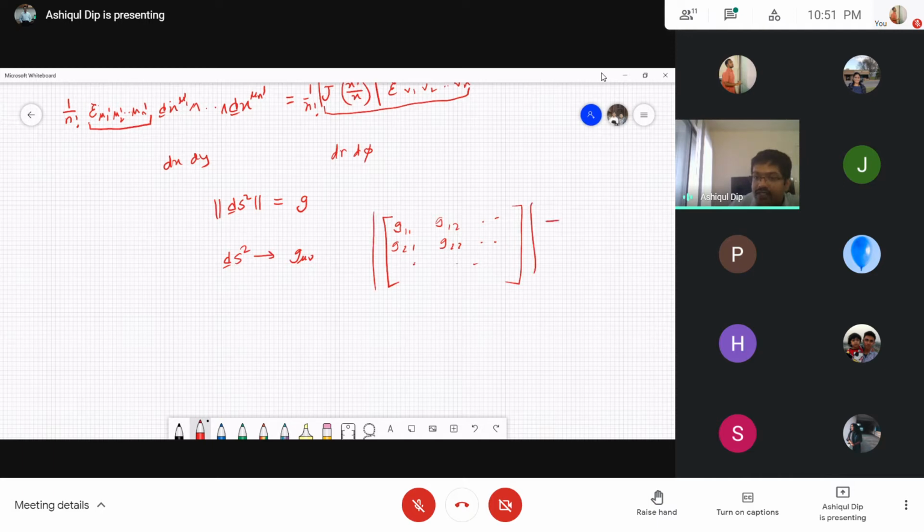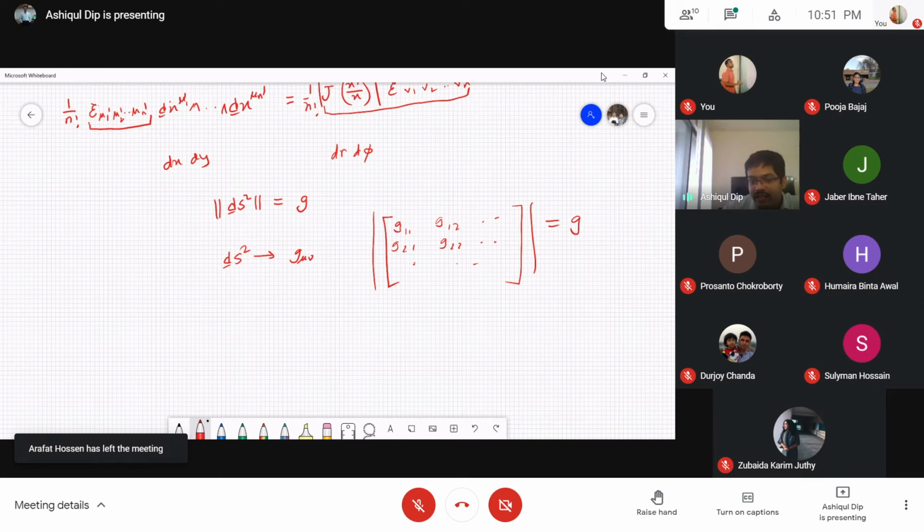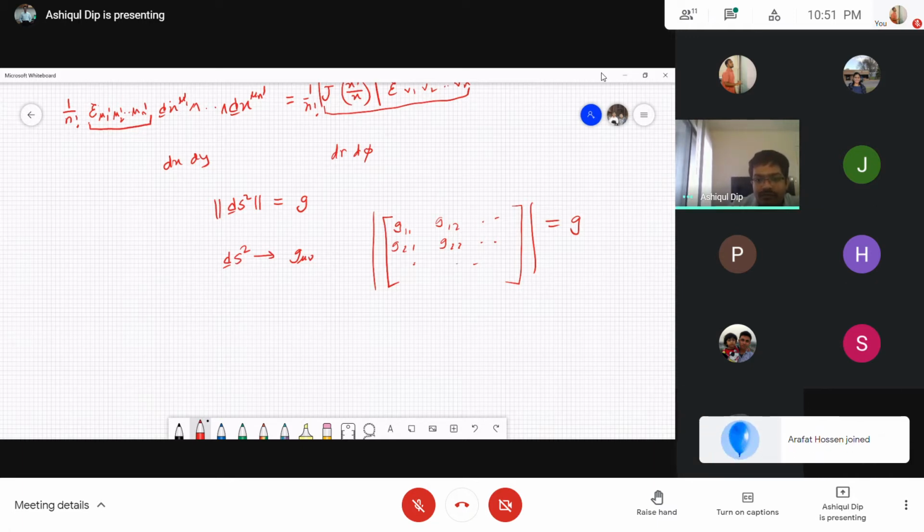So that's how we define our g. Take the metric tensor with 2 lower indices, take those components and construct a matrix. Then take the determinant of the matrix. That's your determinant of the metric tensor. That is your g, small g. Is the definition clear to everyone?